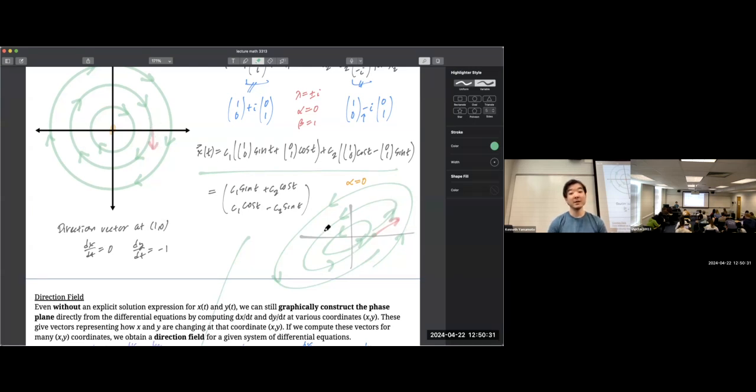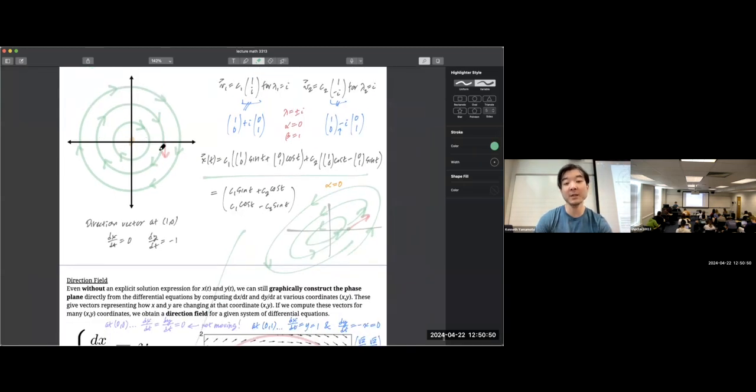But if you have a direction vector that's not going purely up or down, you're going to have an orbit in the shape of an ellipse, to be faithful to the direction vector. So just keep that in mind. This is a very unique case where you had a direction vector that would correspond to a pure circle, but you might have something like this.